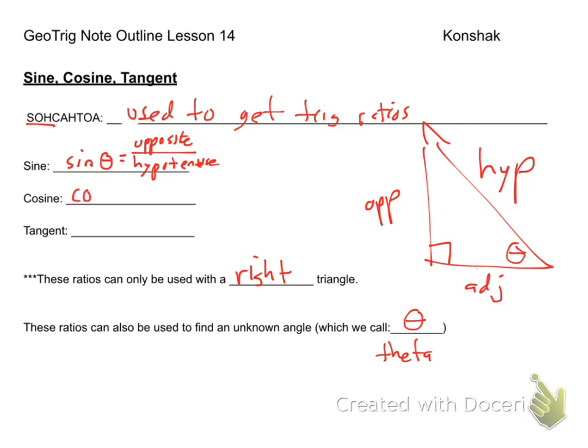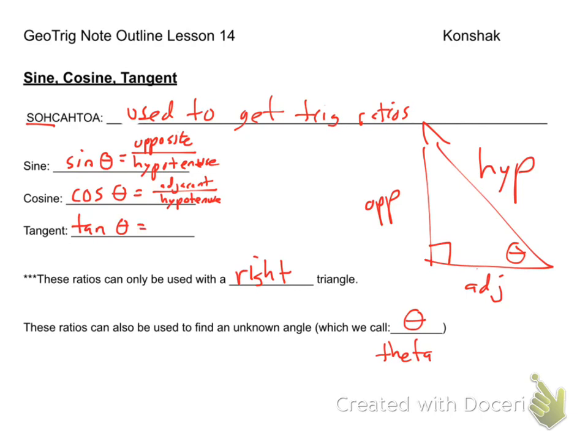Cosine, we use C-O-S, cosine, not cos, cosine. And that is A over H, or that is the adjacent over hypotenuse. And tangent are the last three letters, which is O over A. So tangent is actually just tan of theta.